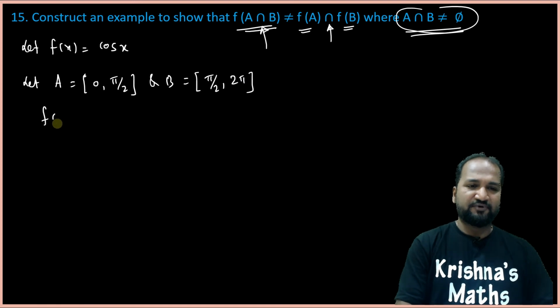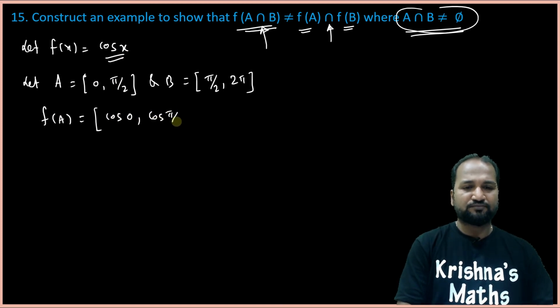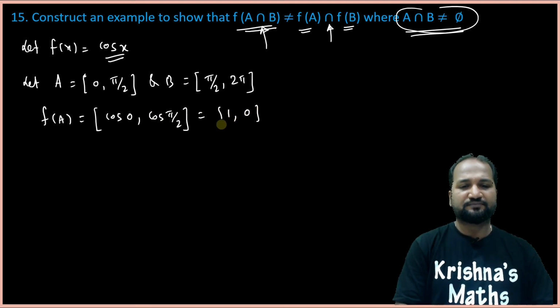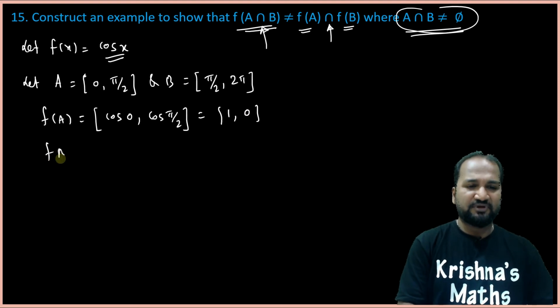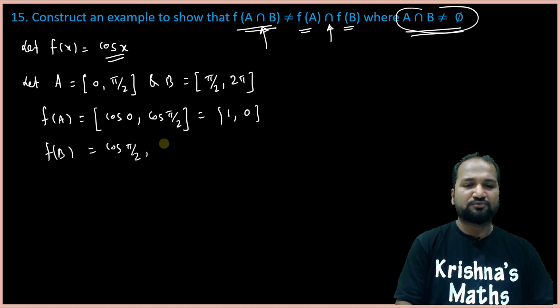So f of A equals f of 0 to pi by 2, that is cos 0, cos pi by 2. Cos 0 is 1 and cos pi by 2 is 0. Similarly, f of B is cos of pi by 2, cos of 2 pi.